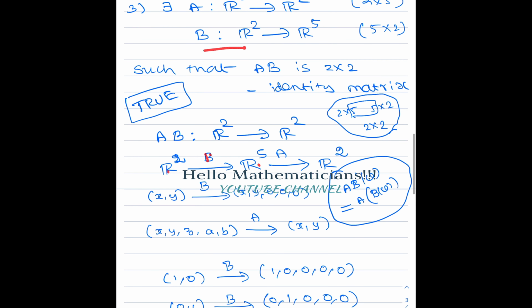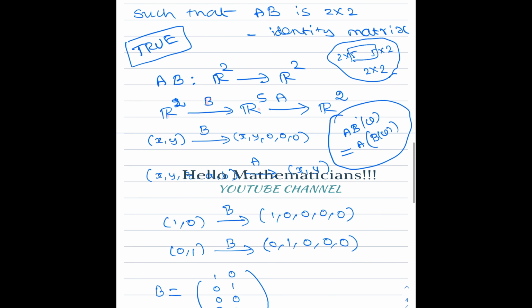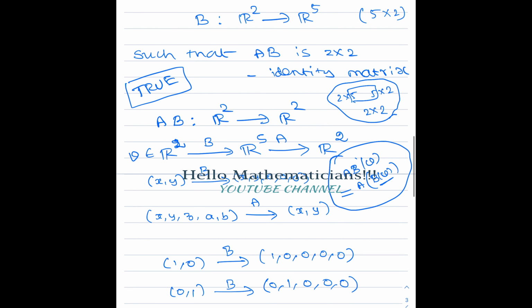You see, B is a linear transformation from R2 to R^5. So you take a vector V here and apply B, and you get B of V, which belongs to the codomain of B. So it is a vector in R^5.